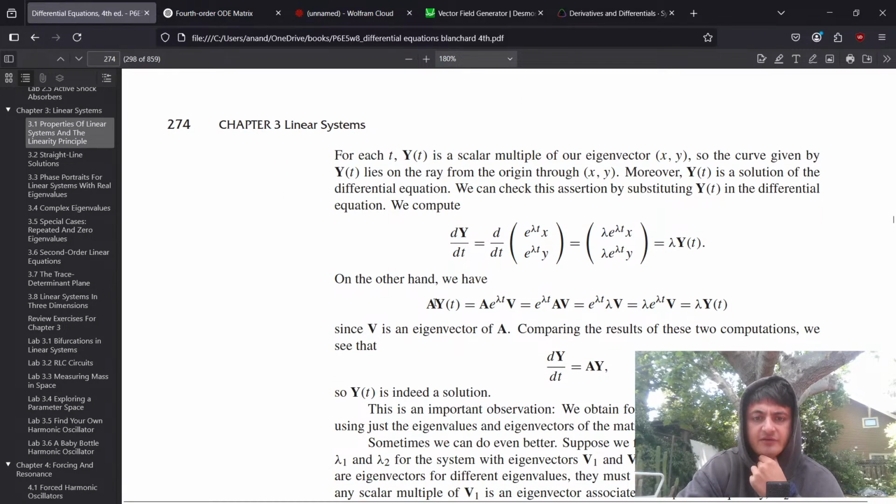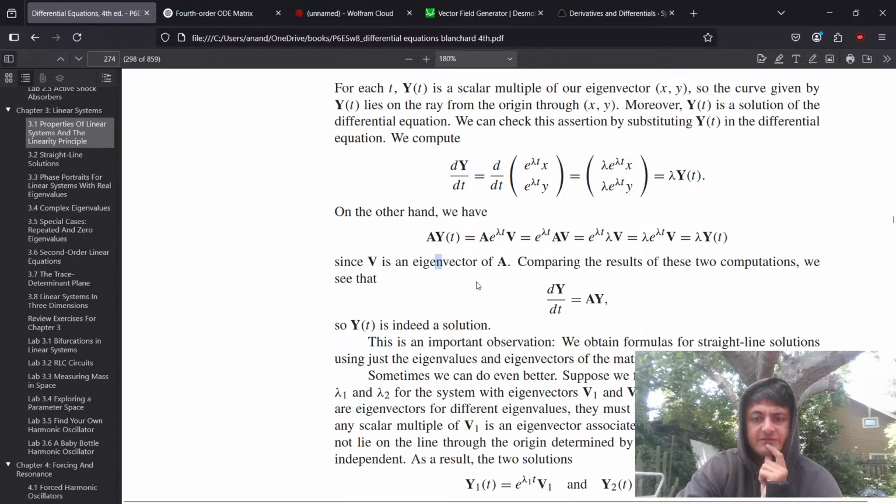On the other hand, we have A y of t is equal to A e to the lambda t. Okay, so this is the left-hand side. This is the right-hand side. Okay, cool.